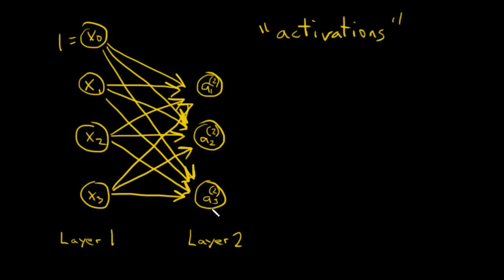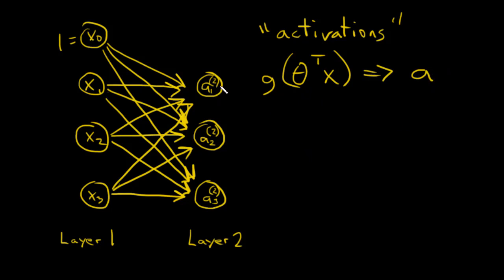Okay, and the activation is the value that you get once you feed theta transpose x into the sigmoid function. I'm going to call it the G function, the sigmoid. So I feed in theta transpose x, and I get an activation out.